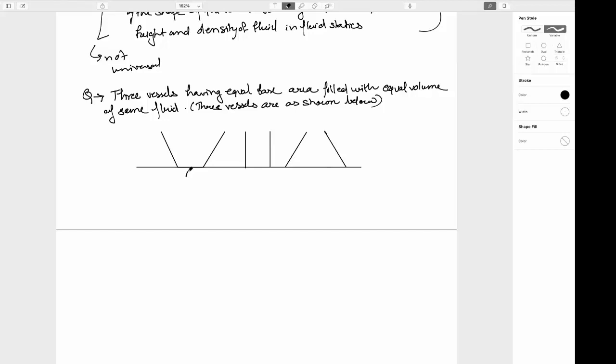It is A, it is B, it is C. Given that area of A is equal to area of B is equal to area of C. Options are PA greater than PB greater than PC.